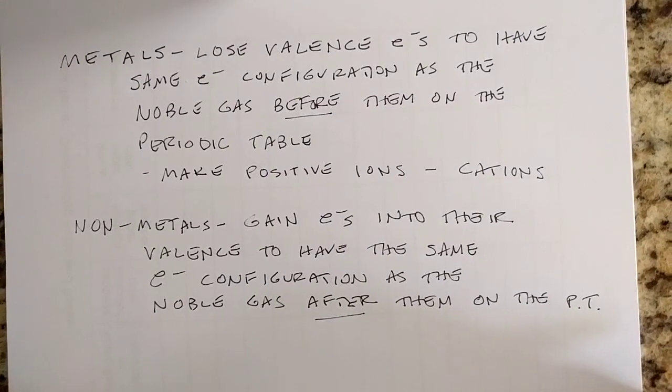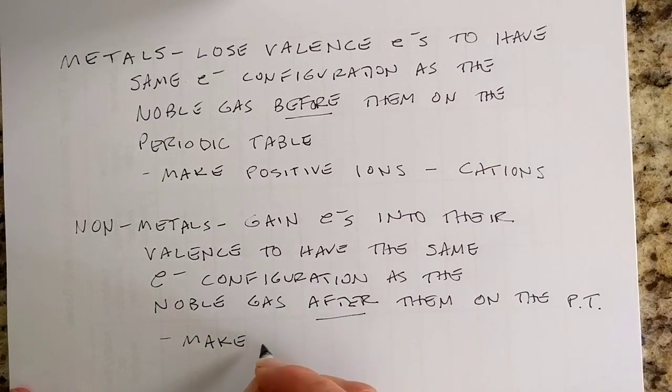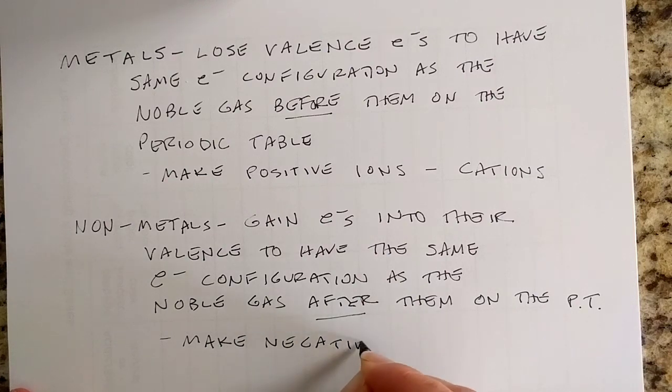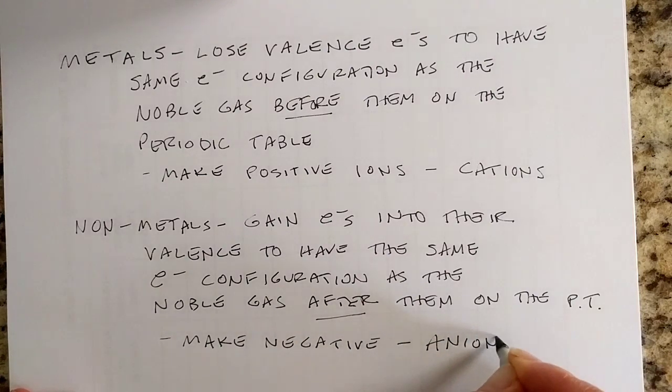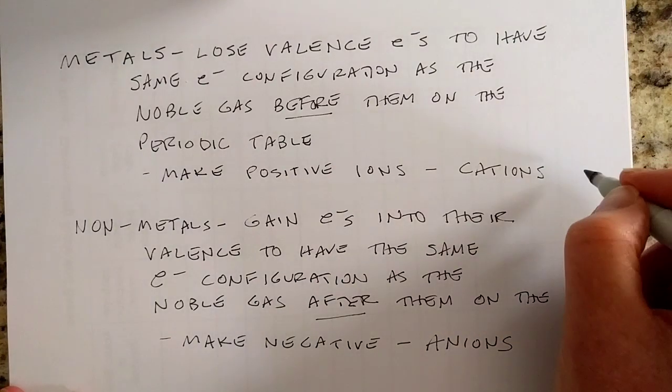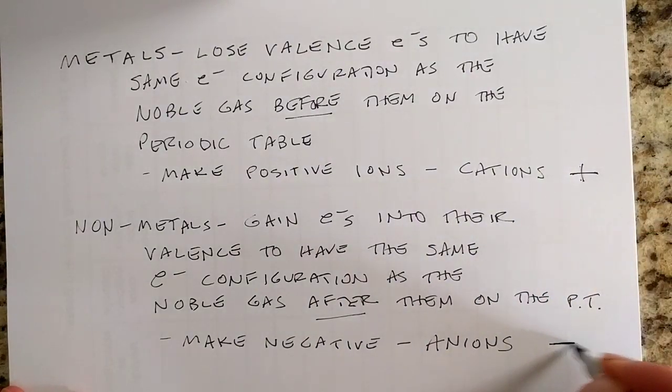So our nonmetals make negative ions, and they are anions. So our cations are positive and our anions are negative.